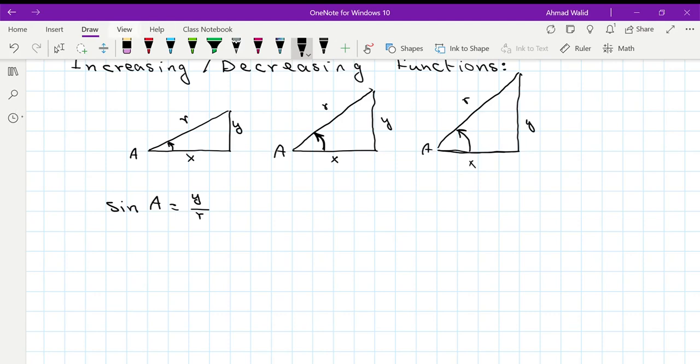What will happen to Y? The length of Y is also increasing. Correct? As A increases, the length of Y is increasing. Then I can say sine of A always increases.